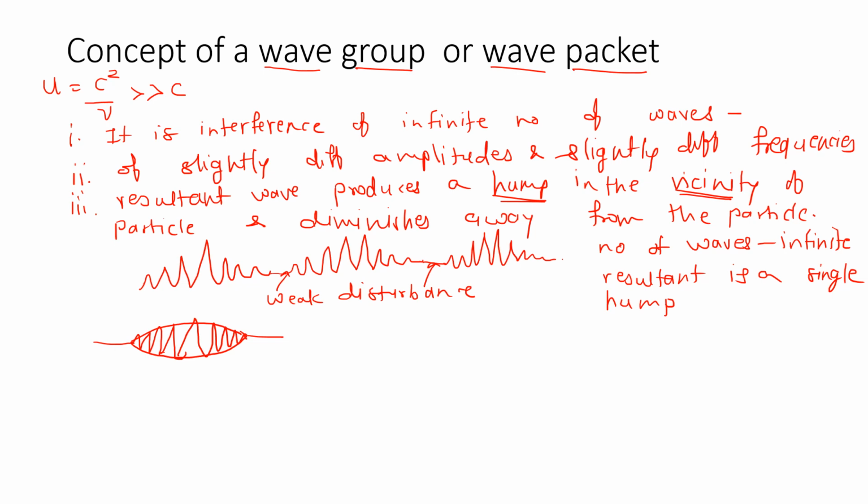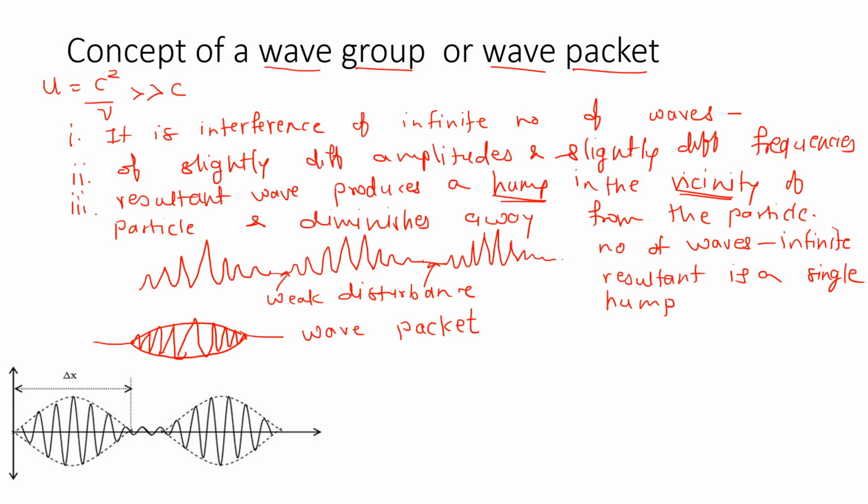There is no disturbance outside. So this will be called a wave packet. See, this is an interference of waves, whereas this is a region of weaker disturbance.